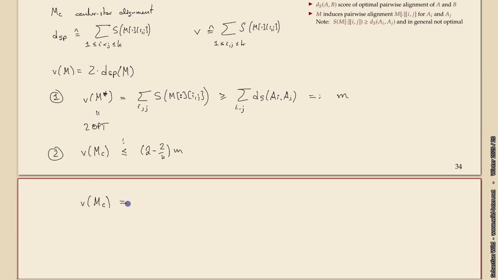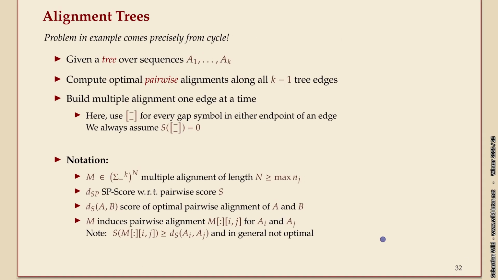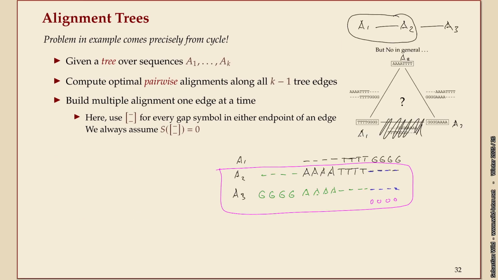What we get in the center star alignment, well, first of all, same double sum, right? That should be a star. MC, I'm taking my column i and j. Now we'll have to go back to the observation that I've mentioned here in the drawing. We didn't formally prove it. I mentioned it while pointing to this picture.